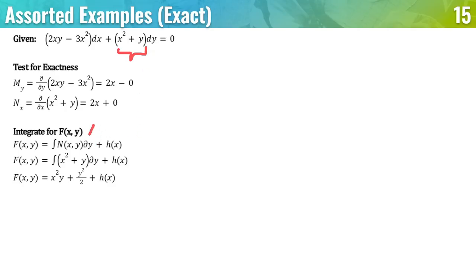Correction here, this shouldn't be the partial derivative sign, it should be the straight d. Anyway, integrating this, it's going to be x squared y plus, since there's already a y here, y squared over 2. So it's going to be here.